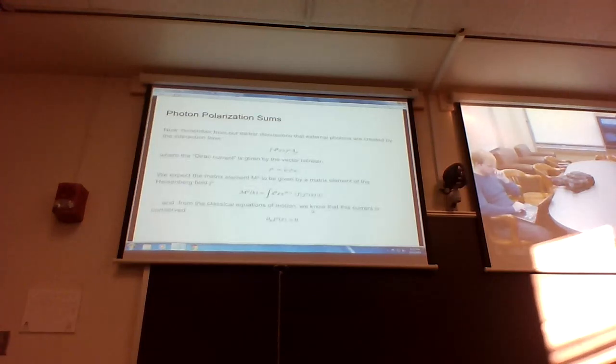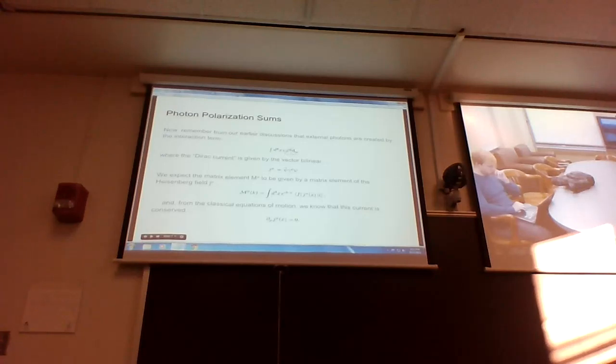comes from and how it interacts. If you go back to when we first started talking about the Dirac equation and the QED interaction, we talked about the fact that external photons are created by this interaction.